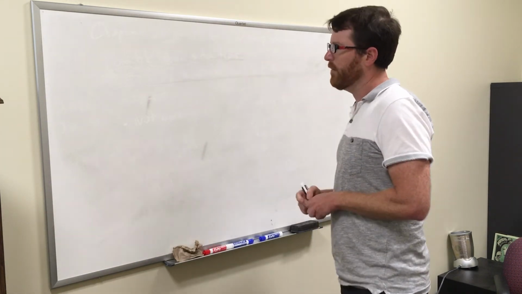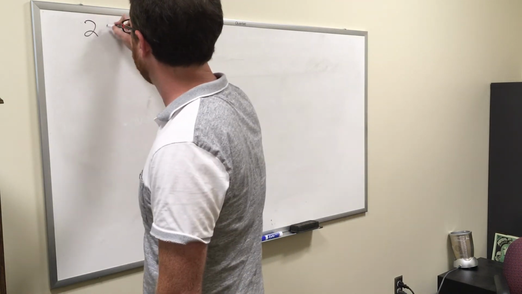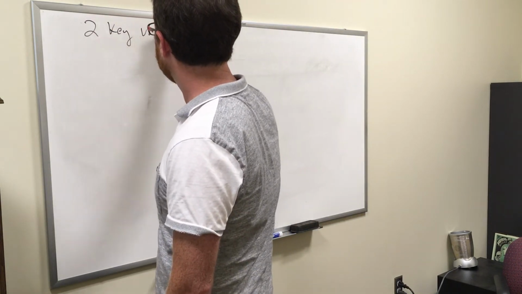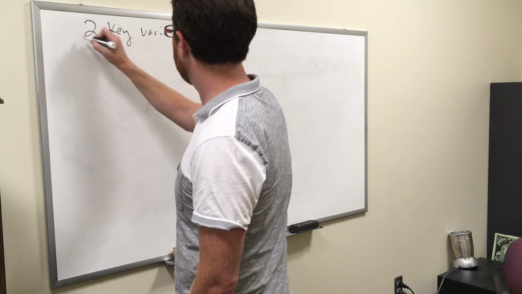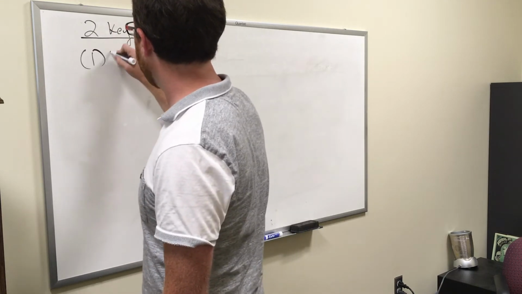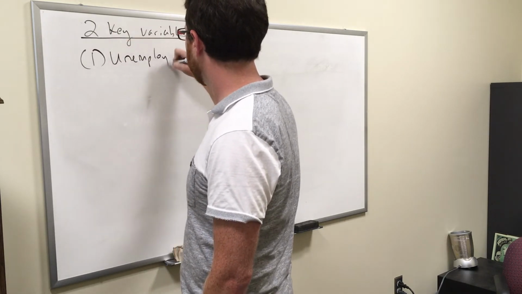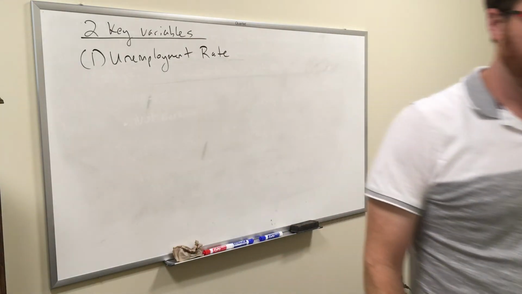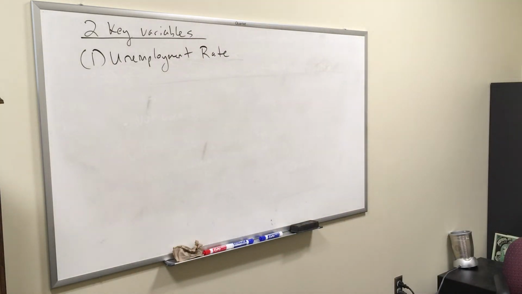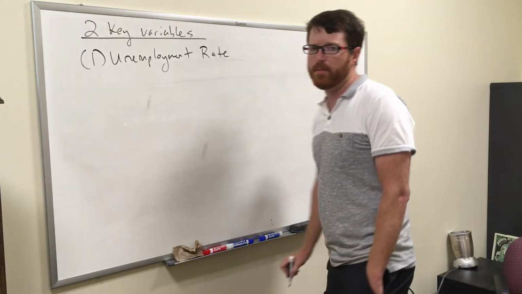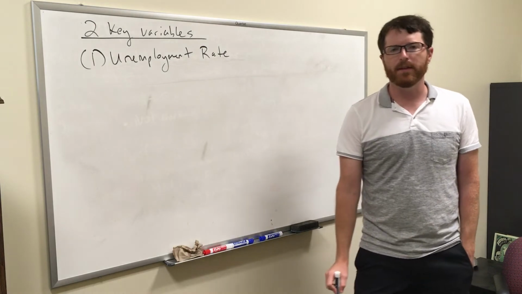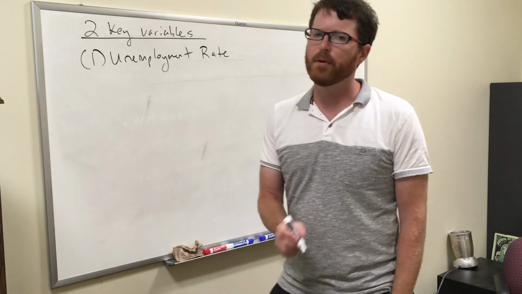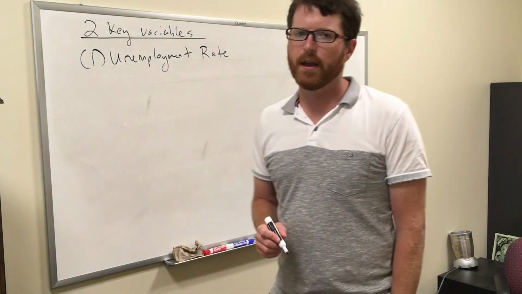Okay, so we have two key variables that we're going to discuss. One is the unemployment rate. And the thing that I've found with the unemployment rate is a lot of students really don't know what it means. A lot of people think that the unemployment rate is the percentage of people who don't have a job, but that is not the case.